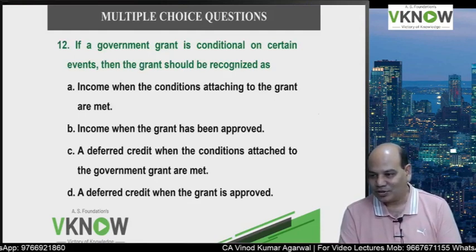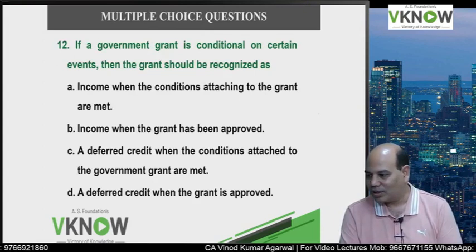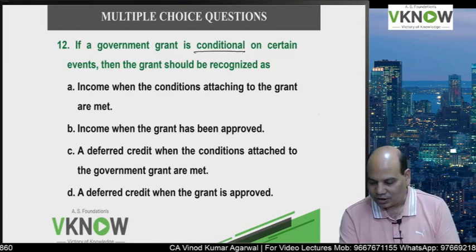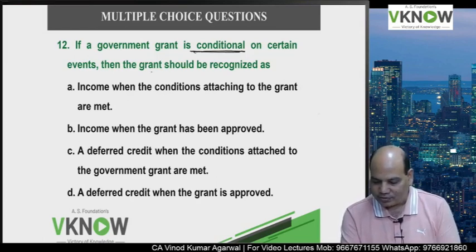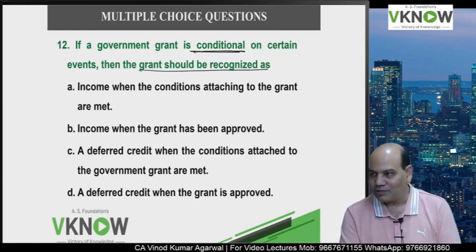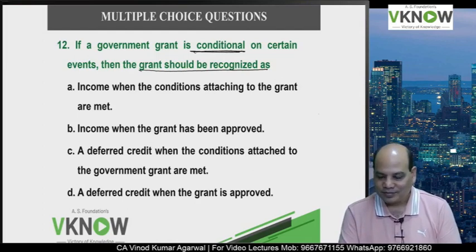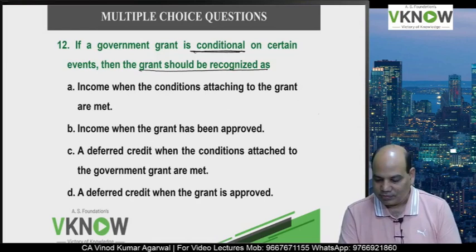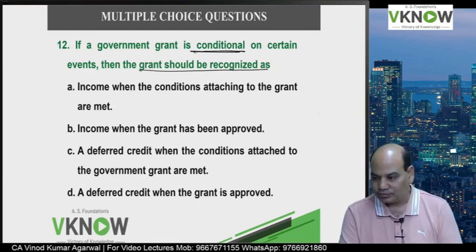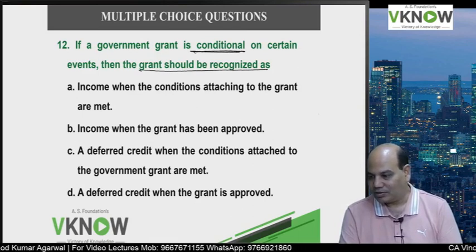12th number, last question. If a government grant is conditional on certain events, now this is a conditional grant. This set of MCQs have actually revised your entire chapter. Grant will be recognized when? Income when conditions attached to the grant are met, income when the grant was approved, deferred credit when the grant is approved.